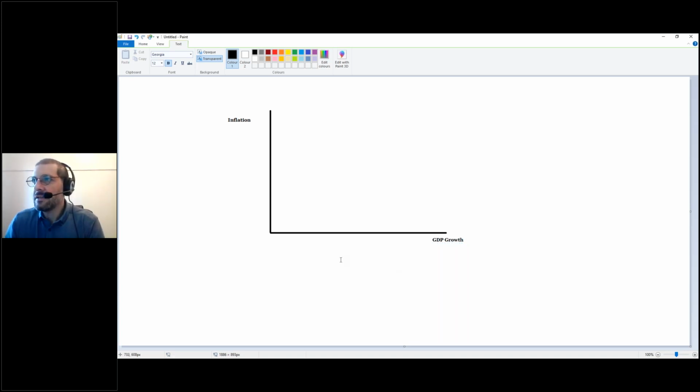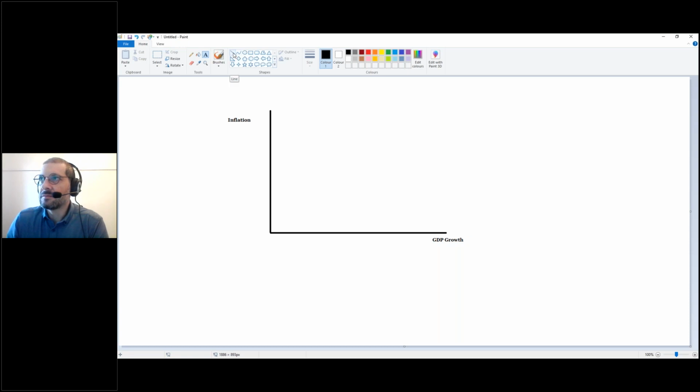Okay, and what tends to happen is you've got a certain level that the economy can grow at, a certain maximum level. If it goes past the maximum level, then we're burning hot. Okay, if we're below the maximum level, then we've got a gap, right? And then effectively, you've got your demand curve that looks like this.